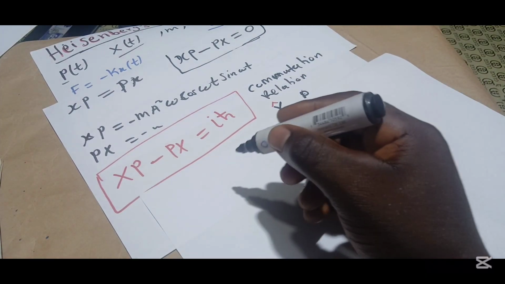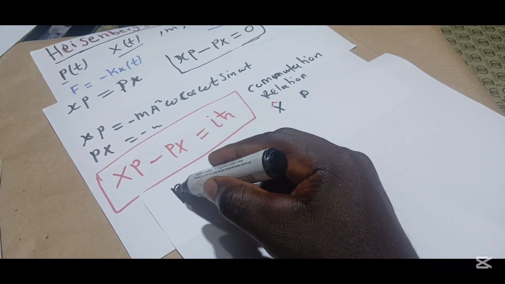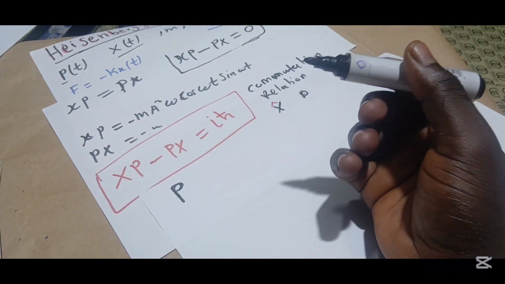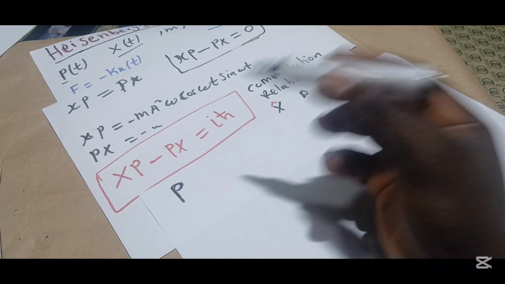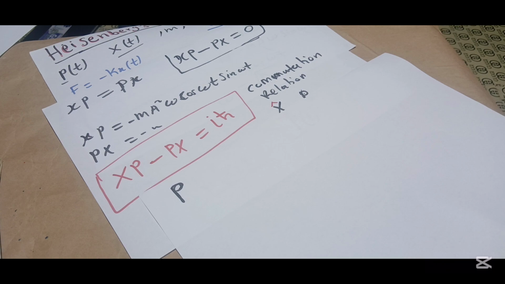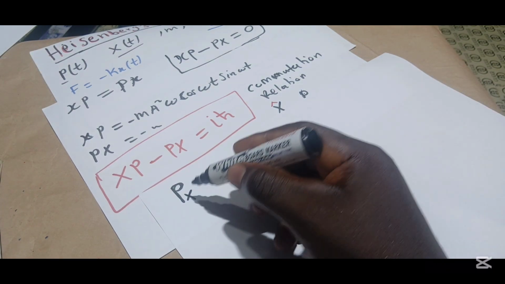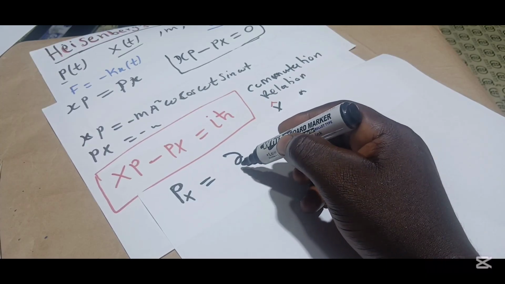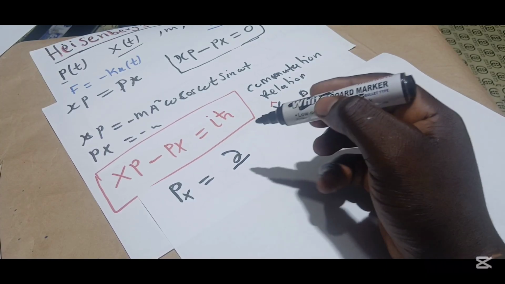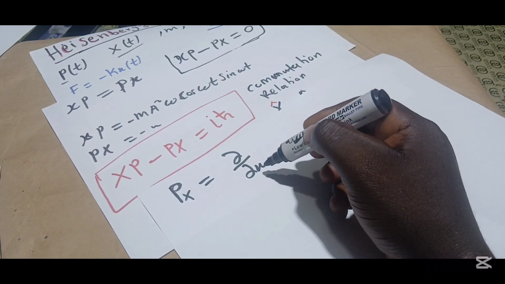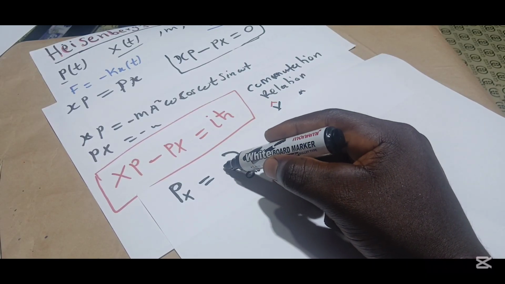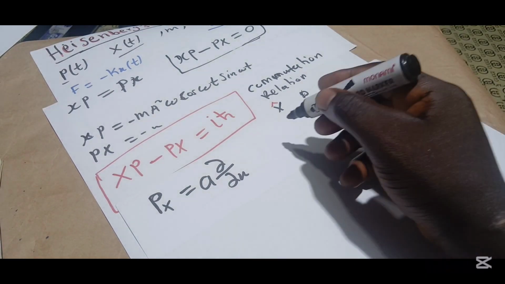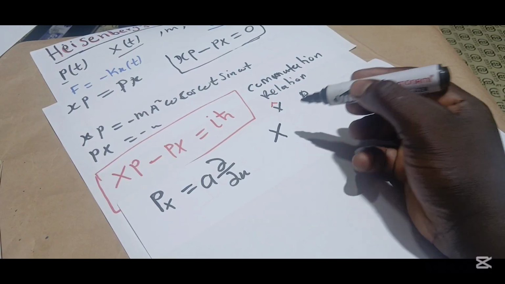So assuming we have a momentum operator to be p, let's say for a particle in the x plane should be changing with respect to, let's say, x, but we should have a certain value that it will give us, let's say a, and the position of our particle to be x.